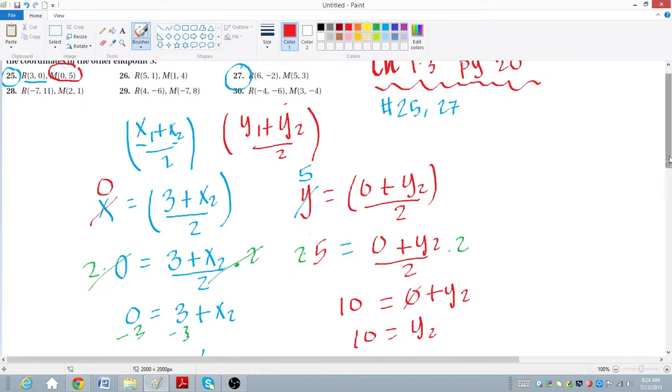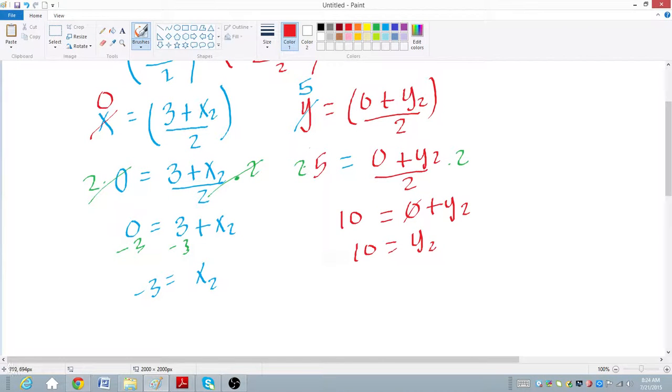So now I found the endpoint x2, y2. Now I'll just plug it back into the point format. So x is negative 3, y is 10. This is your endpoint that they're looking for. This is not the midpoint like how we did the last set.